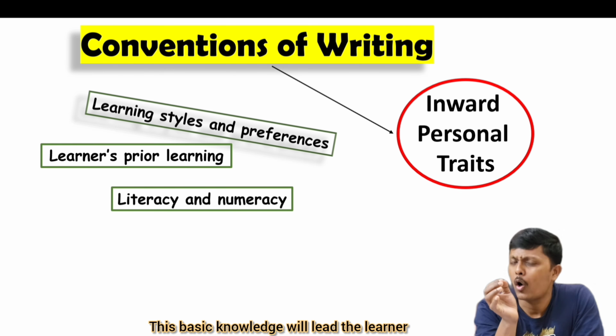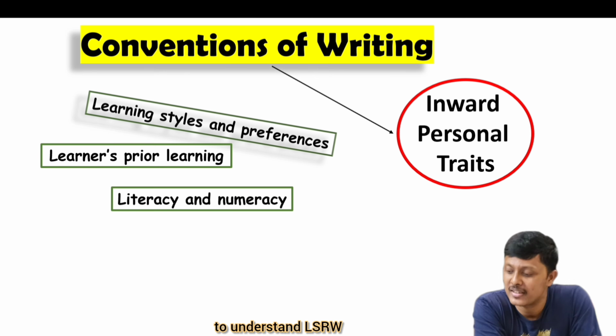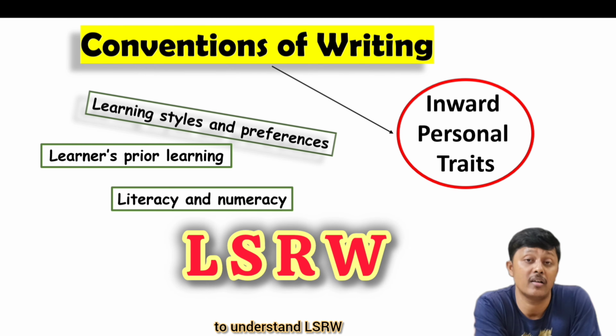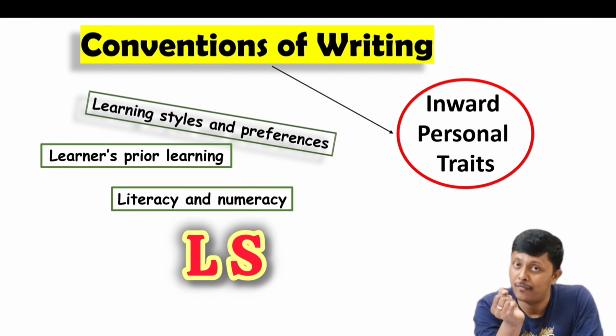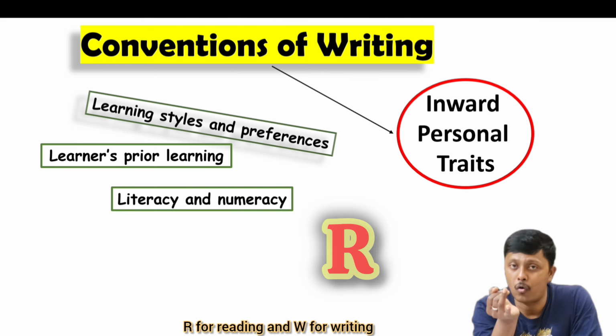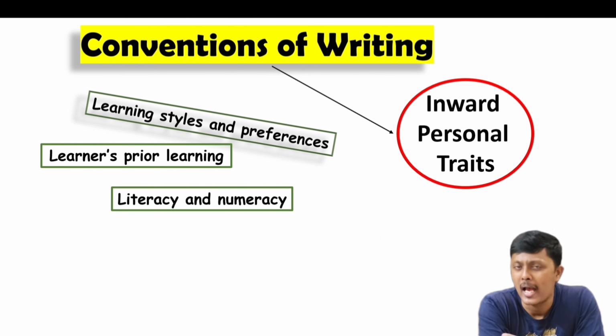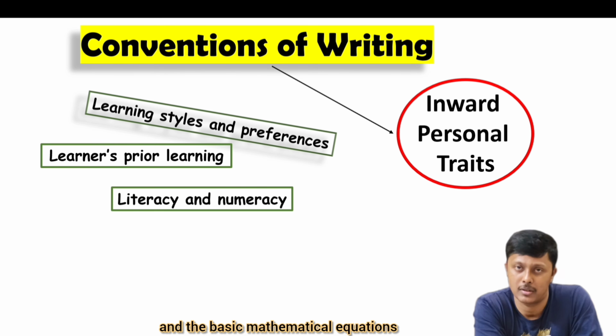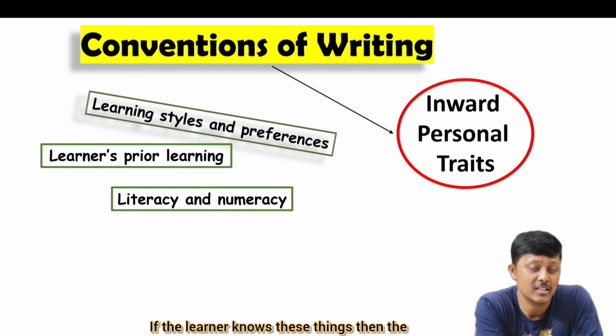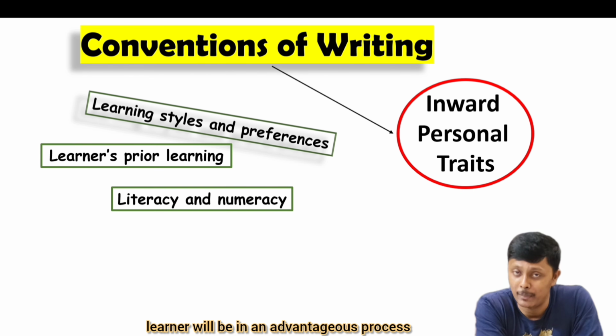This basic knowledge will lead the learner to understand LSRW. That means L for listening, S for speaking, R for reading, and W for writing, and the basic mathematical equations. If the learner knows these things, then the learner will be in an advantageous position.